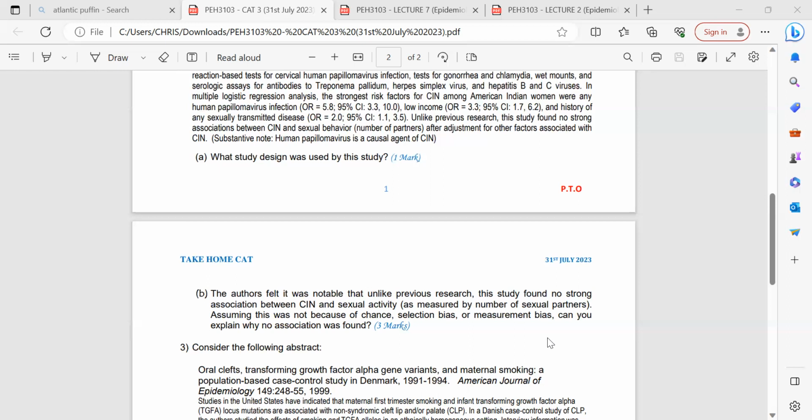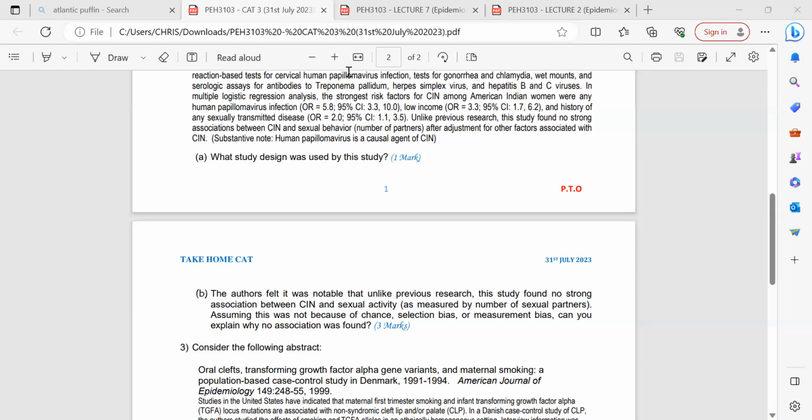In the previous research, the risk factors may have shifted or changed or maybe disappeared. Yeah, it's possible. Because if you have many sexual partners and you're using protection, you're using a condom, those things can change.